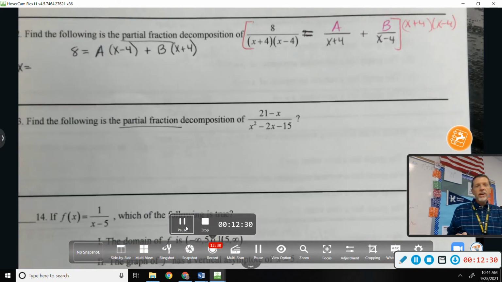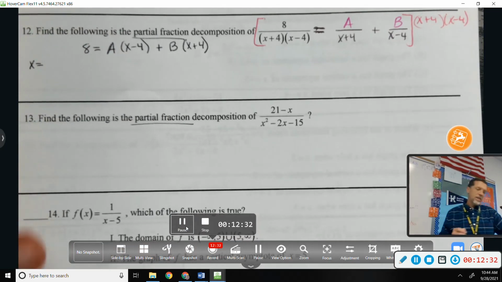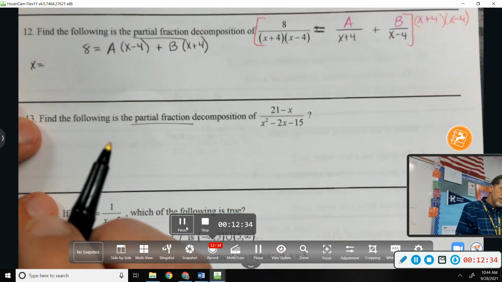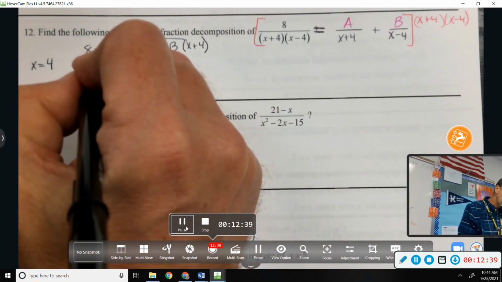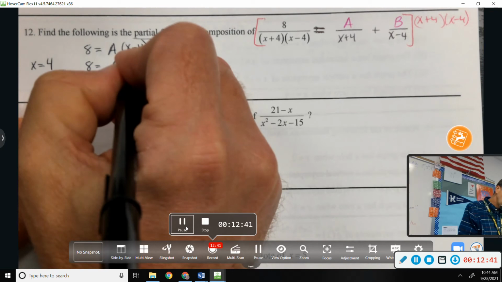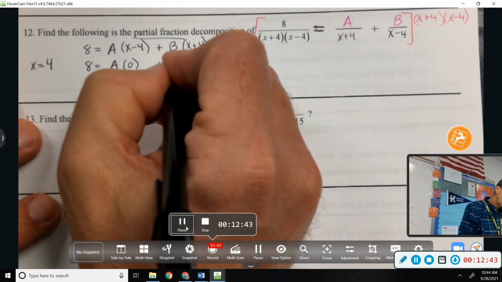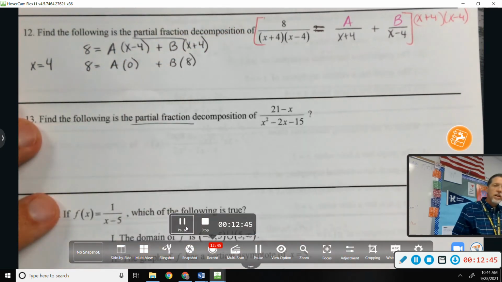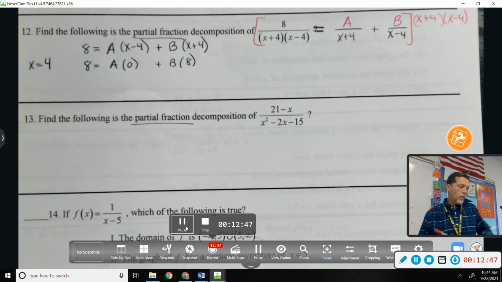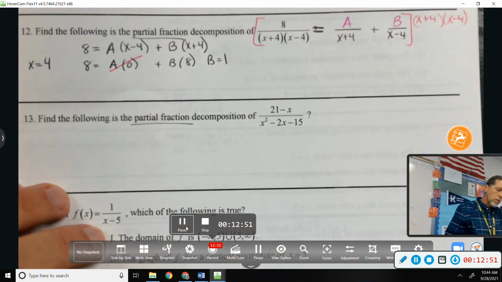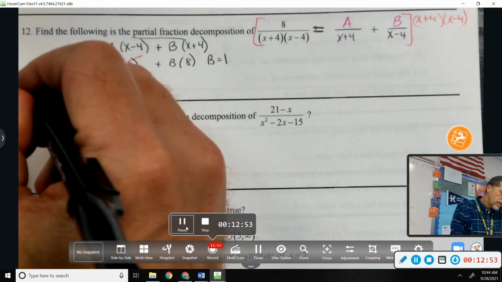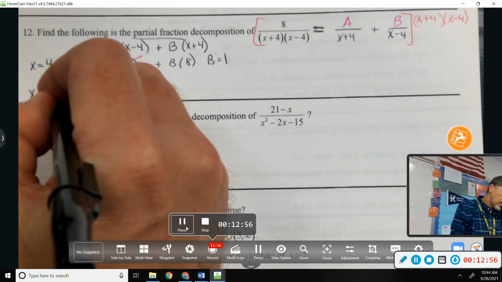What's a good value of x to pick? Yeah, negative 4 and 4, because that will wipe out some things. So a times 0 plus b times 8. That's why we picked 4, to wipe one of these out. So we get b is 1. We do negative 4.